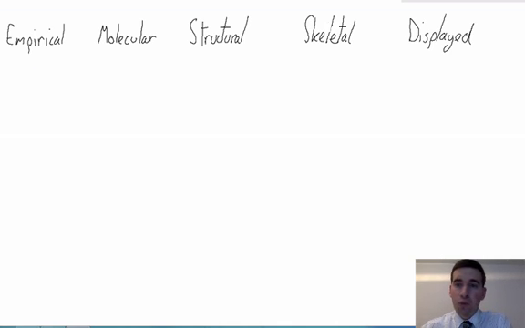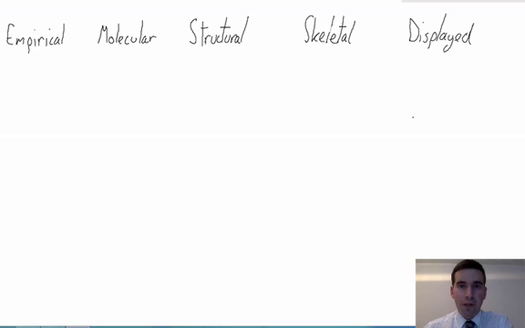If you're asked to draw the molecule, it is best to go with a displayed formula. Sometimes you'll get away with a skeletal or a structural formula, but if you draw the displayed formula, you've covered all your bases. So the best way to go through these is with a couple of examples.